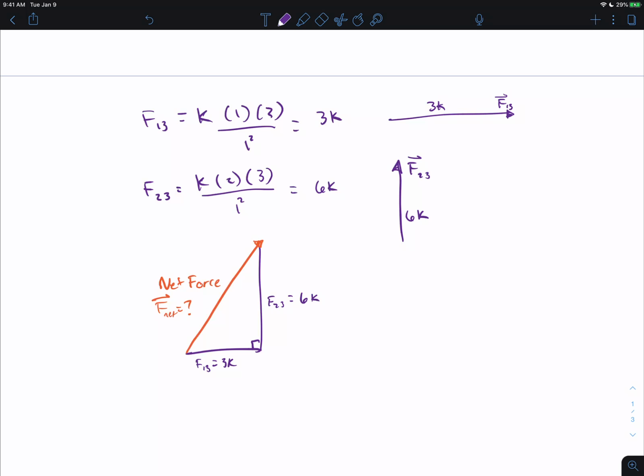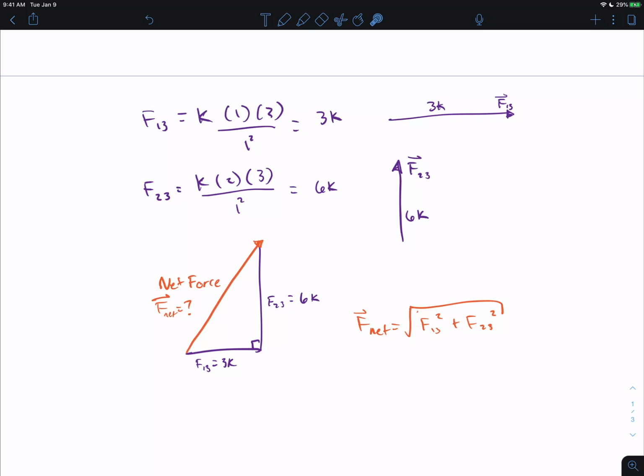So in order to find F net, all I need to do is take the square root of F13 squared plus F23 squared. In this case, it would be 3 times 9 times 10 to the 9, squared, plus 6 times 9 times 10 to the 9, squared, and square root that, and that will give you the magnitude of my net force.